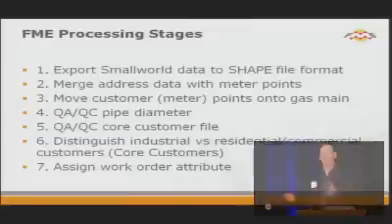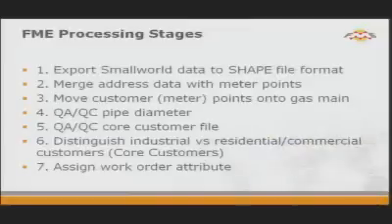Now, as we all know, FME has become extremely dynamic over the years. I've been working with it since, I believe, 1997, and it's amazing how it's really come into its own. As a result, in order to process to the level of quality that Harry's group requires, we had to break it down into 7 steps, or 7 separate workspaces. The first one being export the data out of Smallworld.